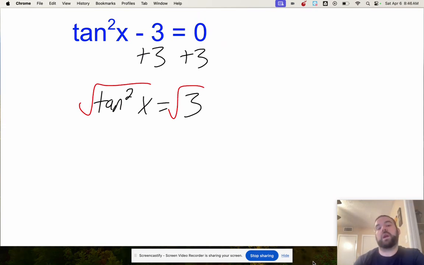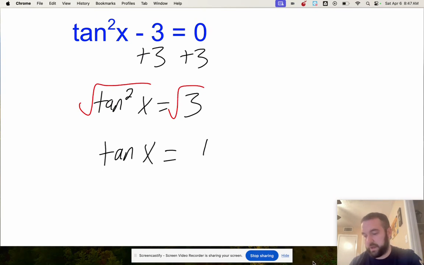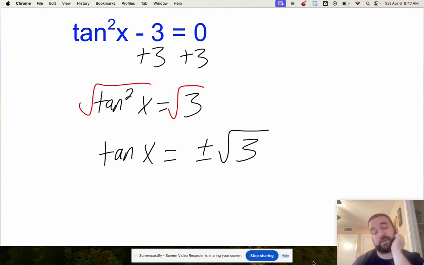Here's the thing. When I am square rooting, I need to introduce plus or minus. It is not good enough to say tangent x equals root 3. Anytime you are solving and you are square rooting, we have to introduce plus or minus.